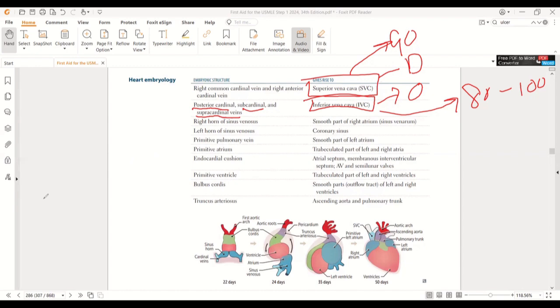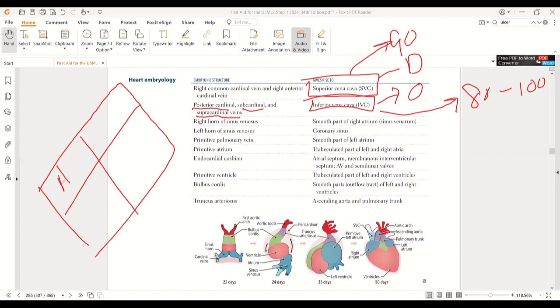Okay, let's move towards atria and ventricle. So the smooth part and trabeculated part. So the smooth part of the atria is derived from which structure?